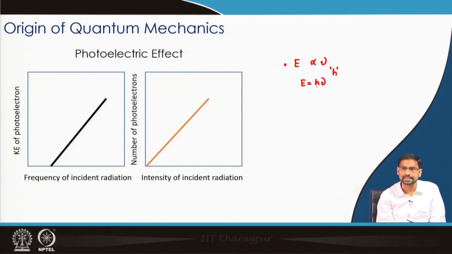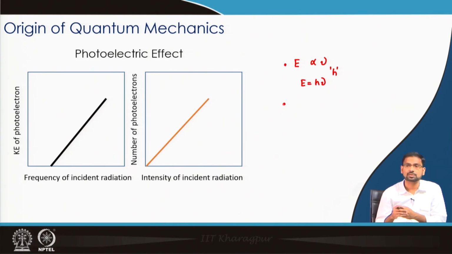Now, where does the intensity come into the picture? Einstein proposed that when light falls on matter, it's not a continuous process. Rather, light of a particular color contains a fixed amount of energy, and he called them photons. The photon's energy is determined by the frequency of the light.